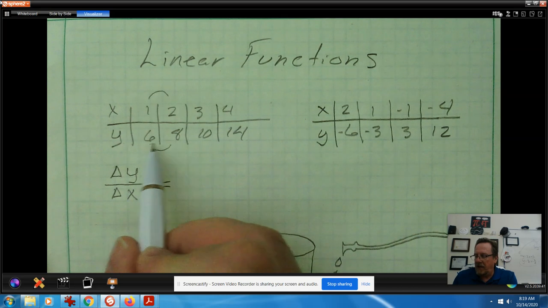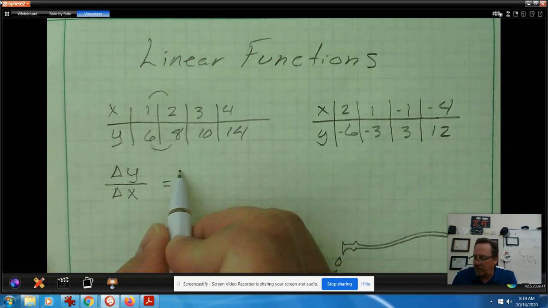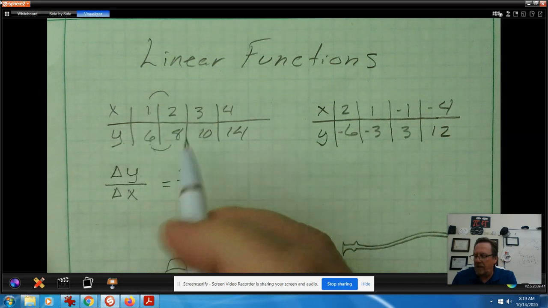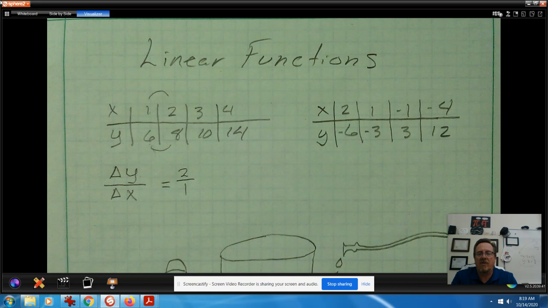To get from 6 to 8, that's a change of 2. To get from 1 to 2, that's a change of 1. So the change in the y values compared to the change in the x values is a 2 to 1 ratio.